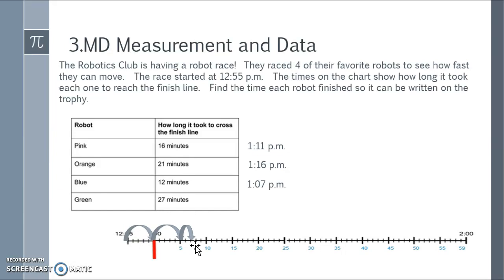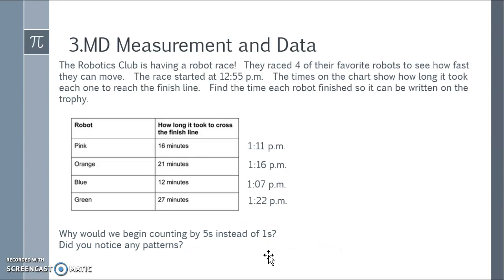So this would be 1:07 p.m. The green robot finished in 27 minutes. So we need to count by fives: 5 minutes, 10, 15, 20, 25, 26, 27 for 1:22 p.m.